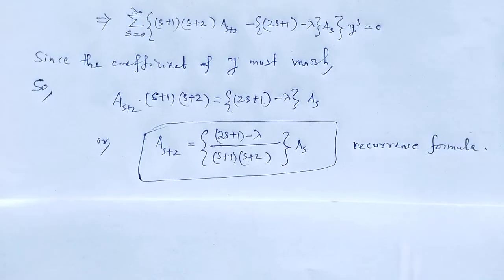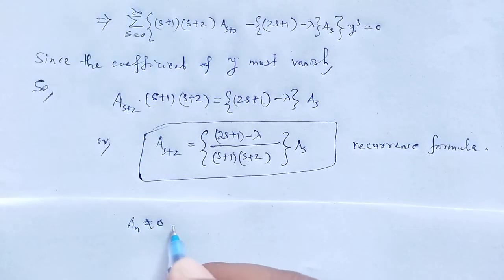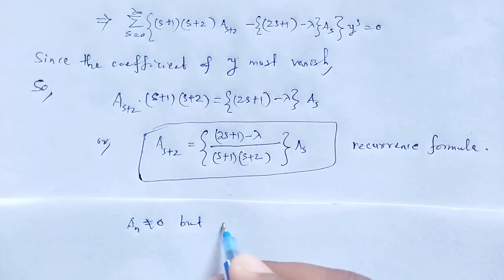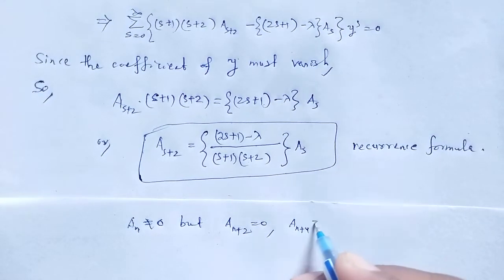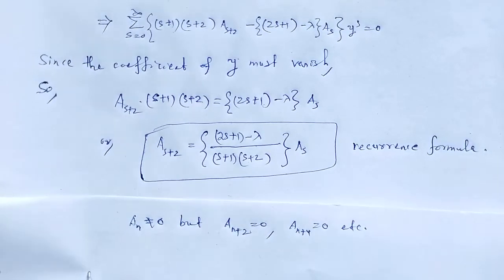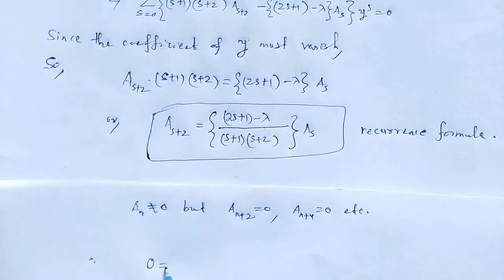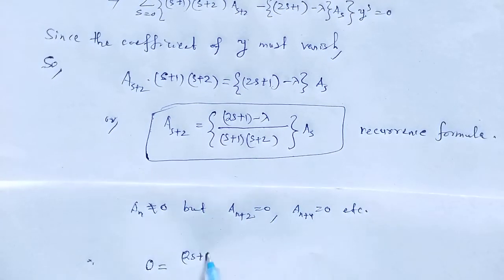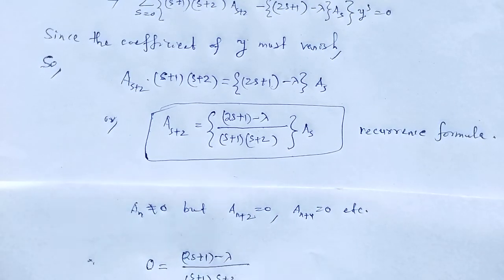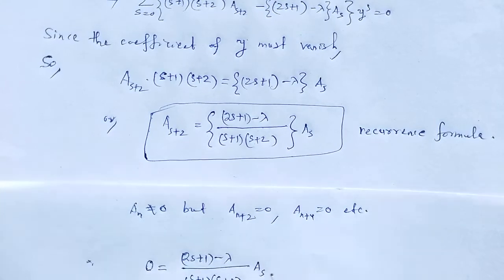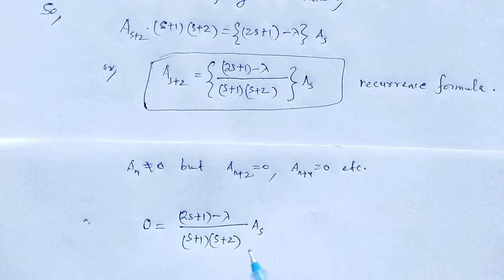Here a_n is not equal to 0, but a_(n+2) is equal to 0 and a_(n+4) is equal to 0, etc. Therefore, a_(s+2) is equal to 0, that is 0 is equal to (2s plus 1 minus lambda) divided by (s plus 1)(s plus 2) a_s.